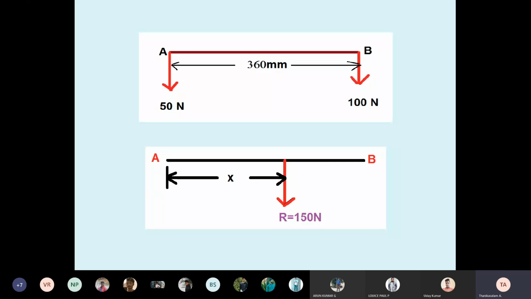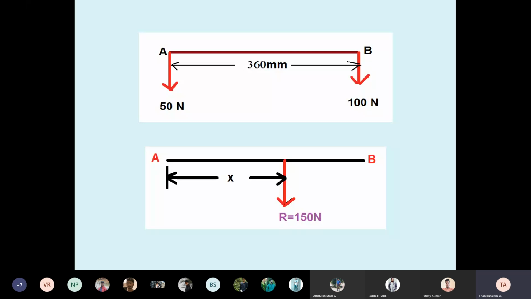Louis? Yes, sir. A point is the reference. So A has the 50 Newton, and the 50 does not give any moment. Students, understand? We choose point A as the starting point, so A is the reference point. So the 50 is not giving moment.